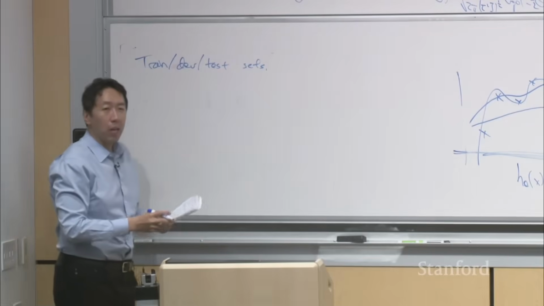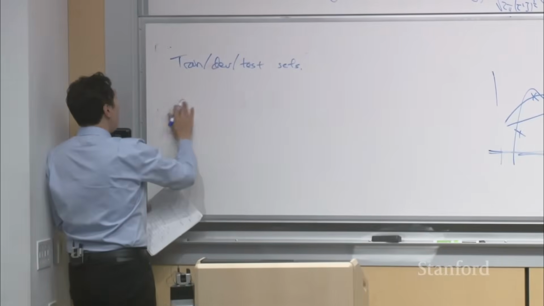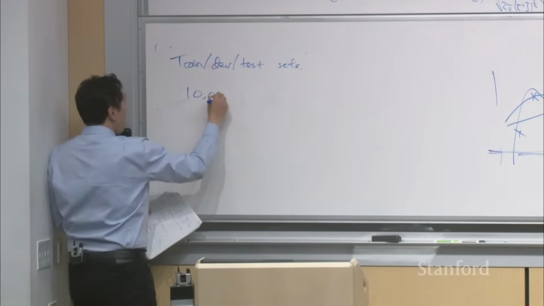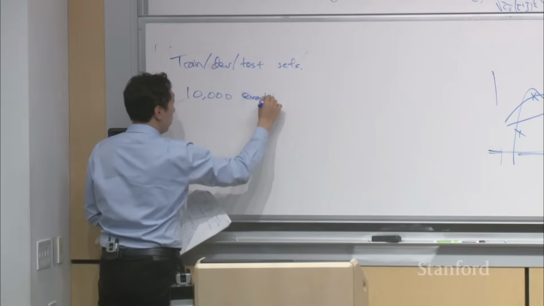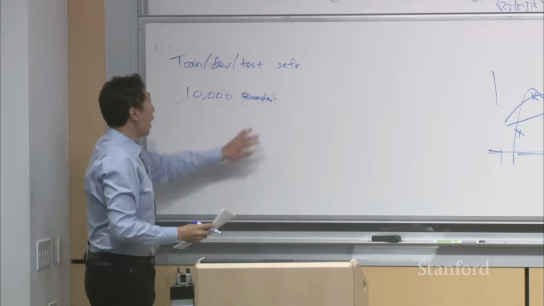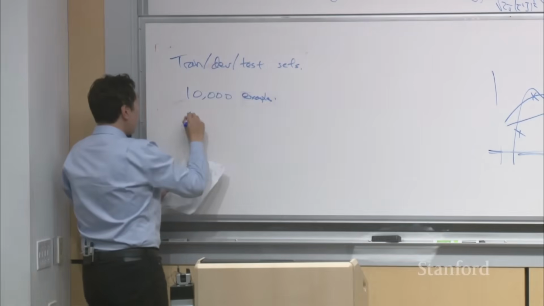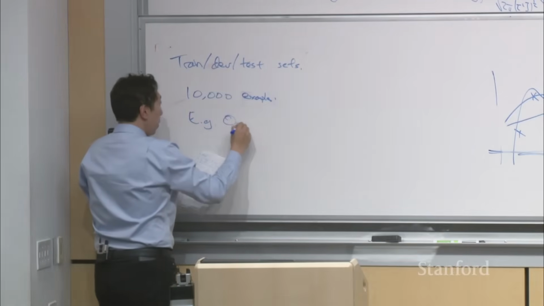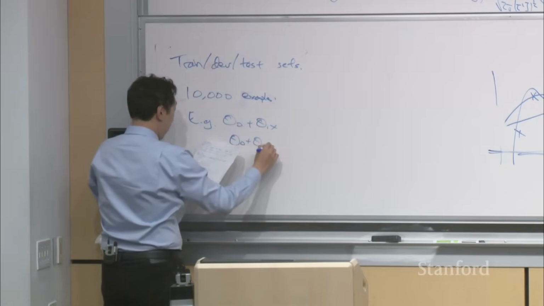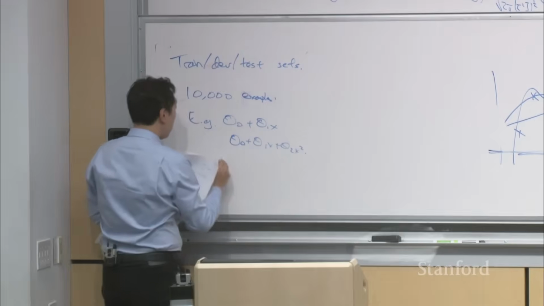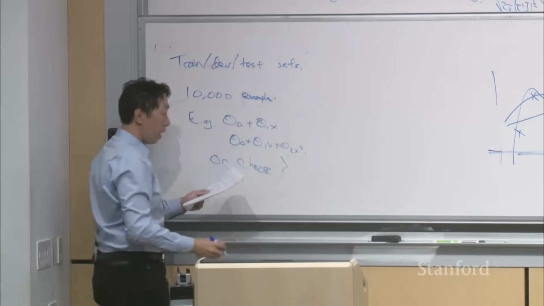And a good hygiene is to take the data and split it into train, dev, and test sets. So if you have, say, 10,000 examples, and you're trying to carry out this model selection problem. So for example, let's say you're trying to decide what order polynomial you want to fit. Or you're trying to choose the value of lambda.